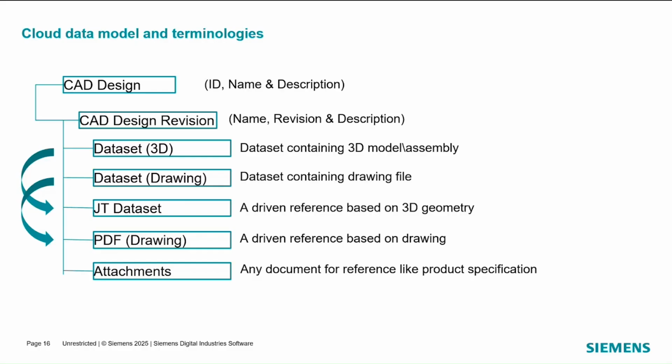And under that, you can also manage all your drawing files, which are also stored under the dataset, which is again under a specific CAD design revision. JT dataset is a derived reference, that is basically it gets created based on your 3D file. And with this environment, whenever you modify the 3D design, the JT dataset also gets updated and stored under the same item revision, that is the CAD design revision.